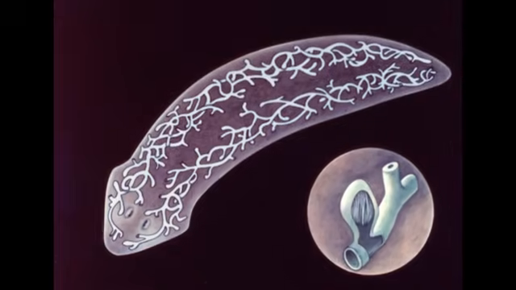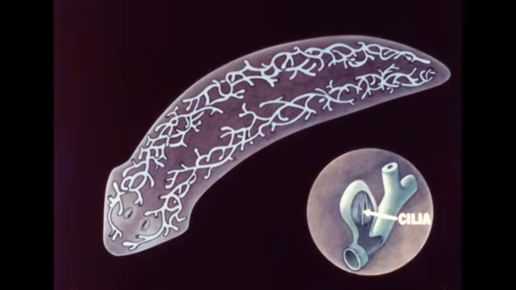A tuft of cilia projects into the space, and the beating of the cilia creates a current which forces water through the branching tubes to the outside.